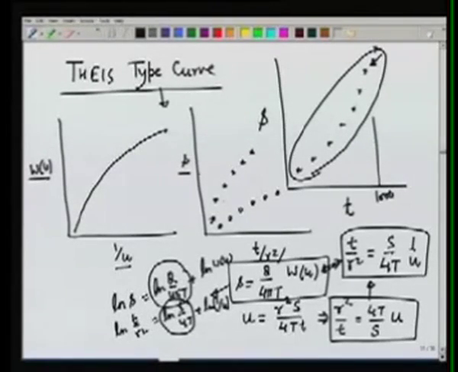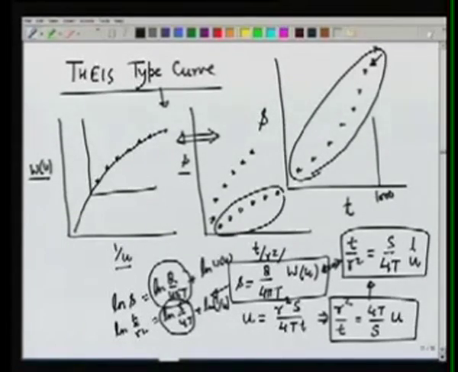The idea is that we match these two curves. So we plot the values in this curve, move this curve here in such a way that the data lies exactly on the type curve, or in some cases, if the data is like this, the curve may have to be plotted somewhere here, or the axis has to be moved somewhere here to match with the type curve.